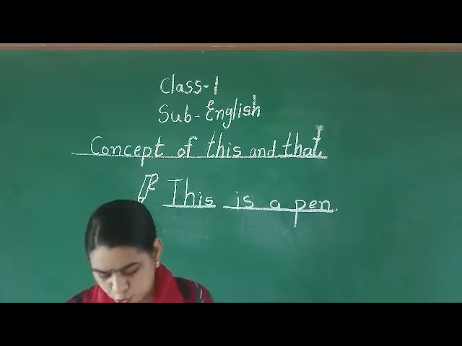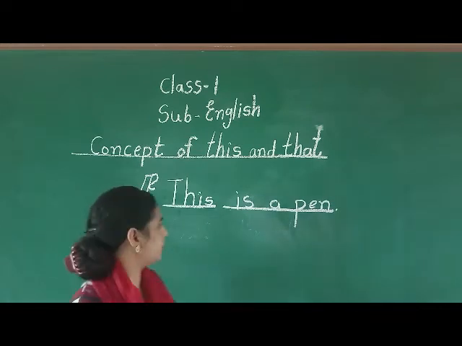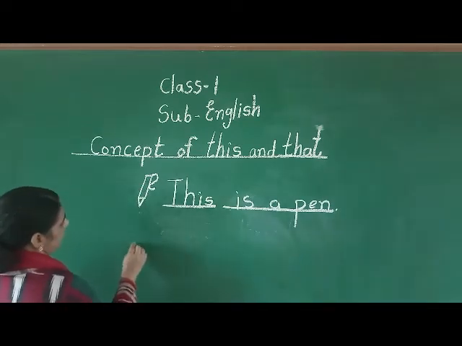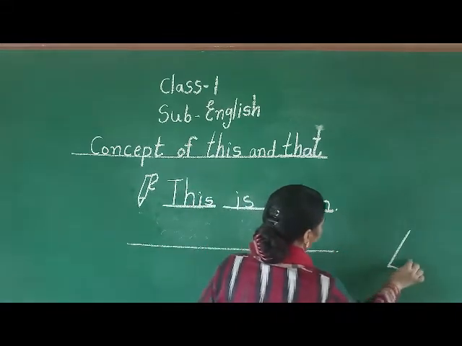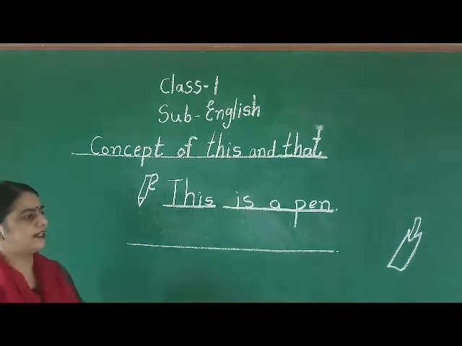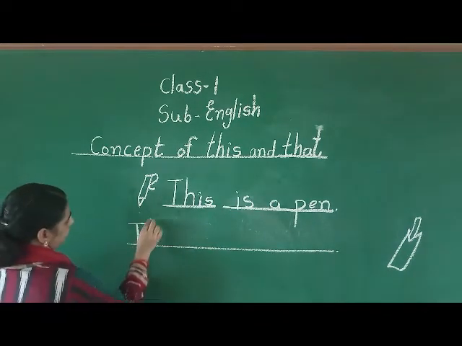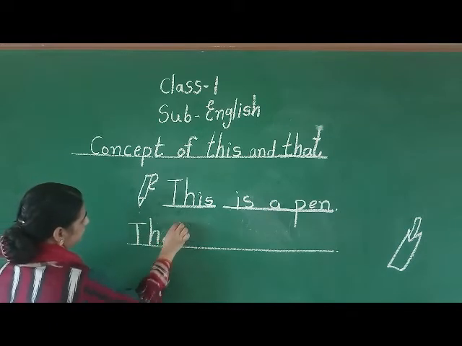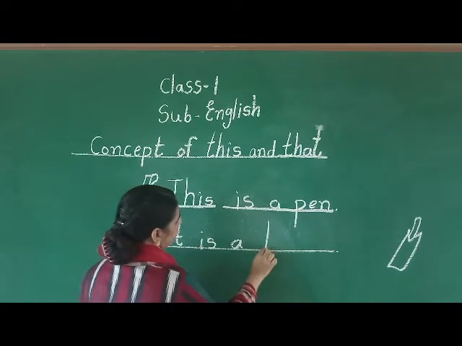See, that is used to indicate one person, place or thing away from us. I already introduced you that we are standing here and the object is far from us. See here I am drawing the picture of a bag and it is far away from us. So what will we write? That is a bag.